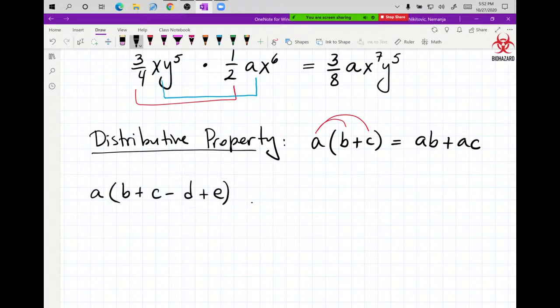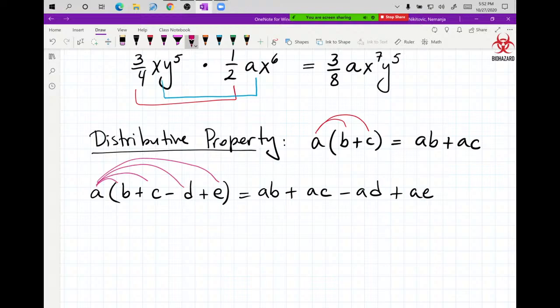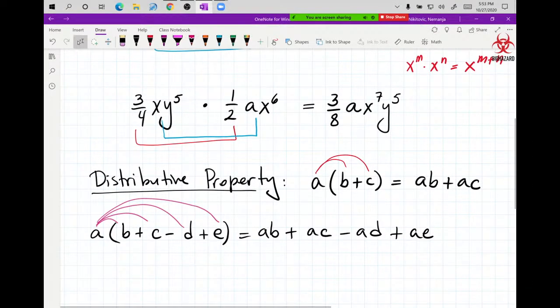We are going to distribute this A to each member of the parentheses. So we have AB plus AC minus AD plus AE. So each member received A. So these are the basic skills that we need to multiply polynomials.